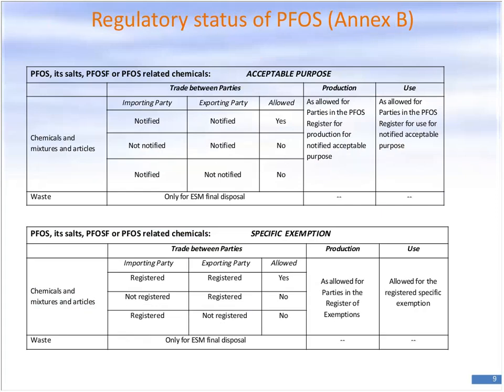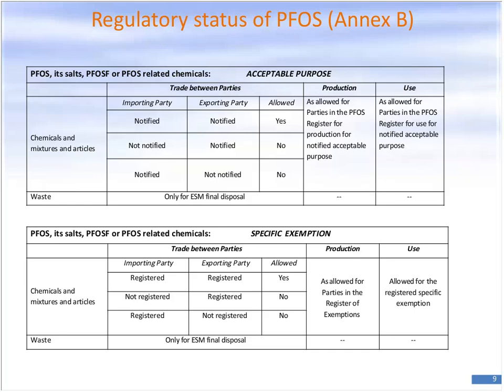Then there is another group of chemical, which is PFOS, its salts, PFOS-F, and any chemical that contains PFOS in its structural formula, this element. And for PFOS, its salts, and PFOS-related chemicals, there are so-called specific exemptions. It is listed in Annex B because it has also acceptable purposes.